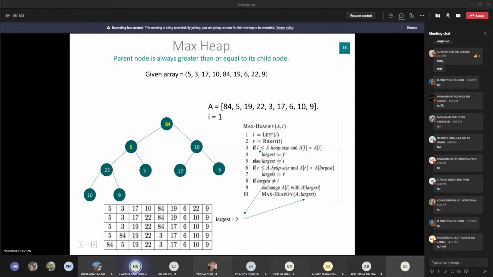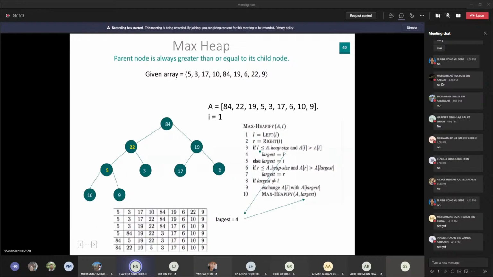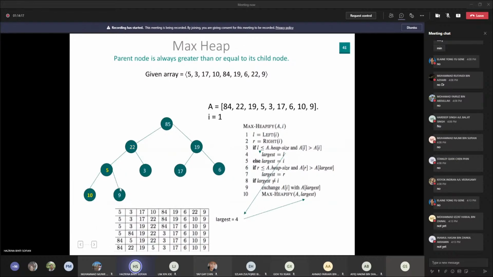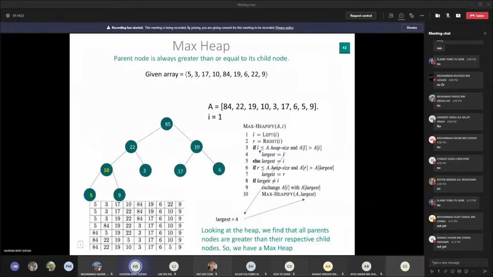Not yet. If not yet, it will continue. You can follow this step one by one. I'll give you all the arrows. It will change until at one point it will become a max heap.